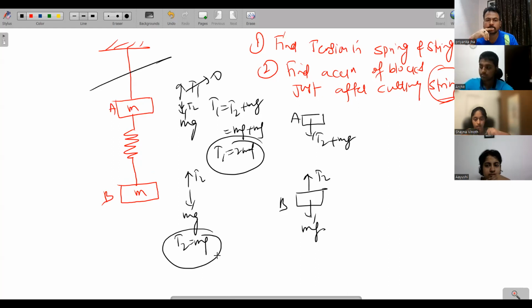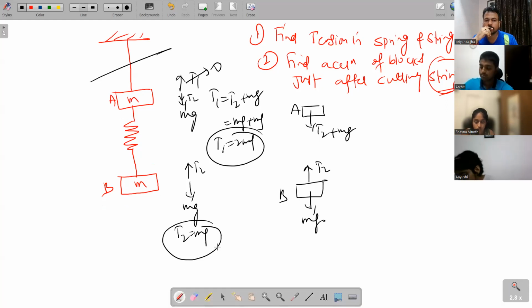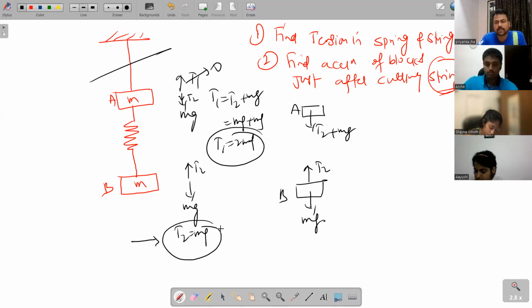So it will just be divided by mass, T2 plus mg by m for acceleration. So this T1 will become 0, right? And at equilibrium T2 equals mg, so there is only one force, T2 plus mg, acting downward here. And what was the value of T2? That is mg. So total would be mg plus mg, 2mg upon mass. So 2g, that is downward.